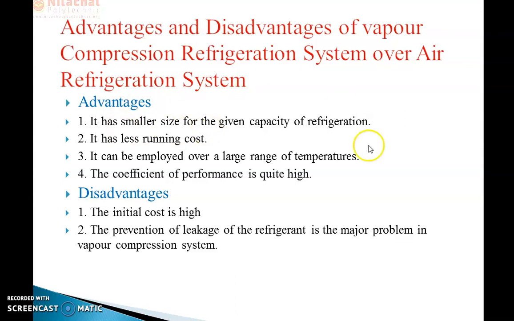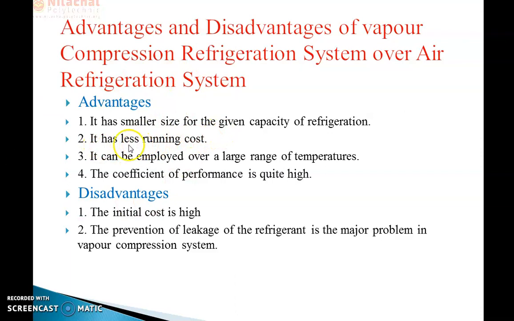But here the pressure ratio is comparatively less. For that reason, you use a small size compressor, condenser and other devices.